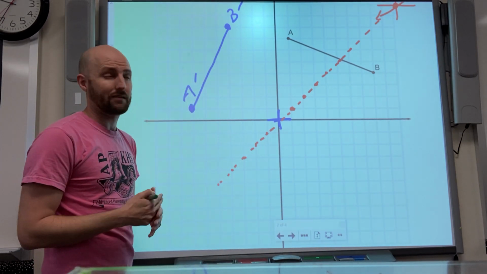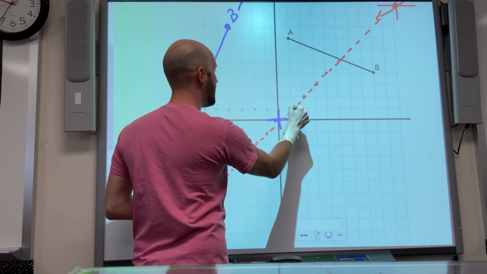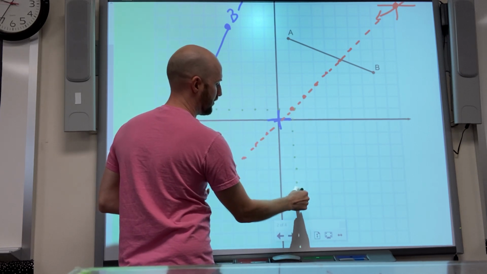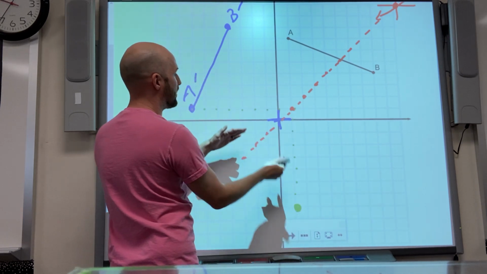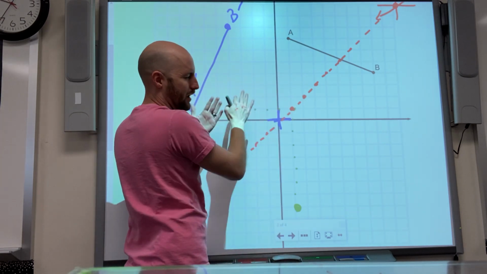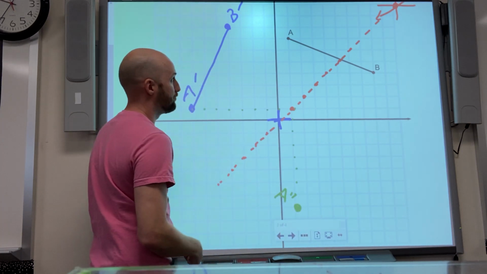Both of those will end up at the same point. So for example, this is 1, 2, 3, 4, 5, 6, 7, 8, and then go straight up or down 1, 2, 3, 4, 5, 6, 7, 8. And I know to go down because I'm reflecting across this line. If I had gone up, I would have been on the same side, right? So that's also where my thinking is. That is my A double prime.